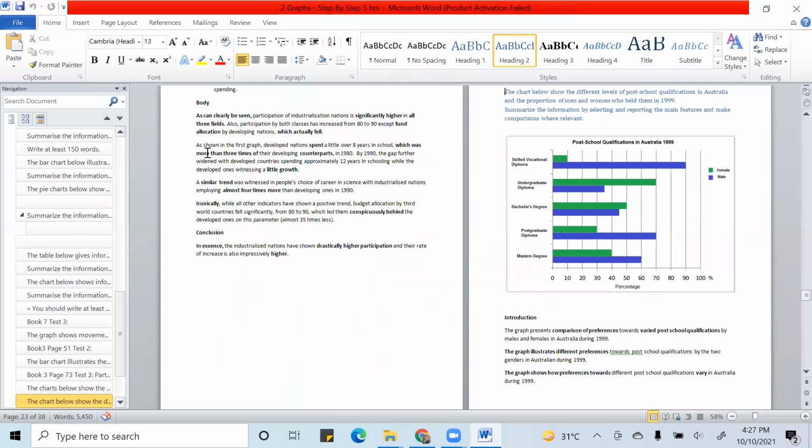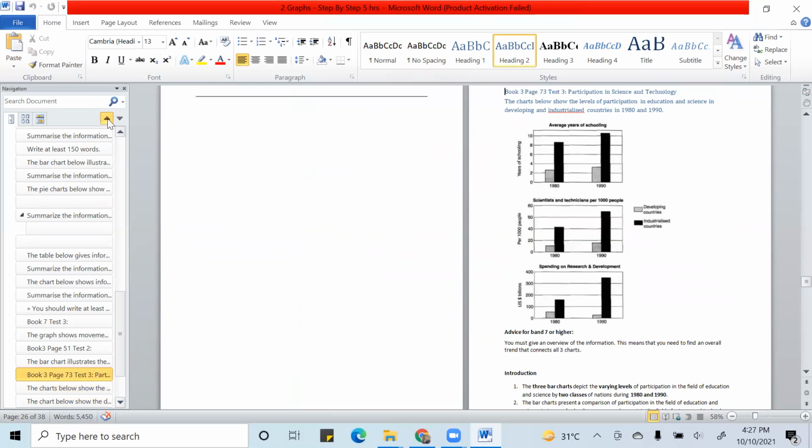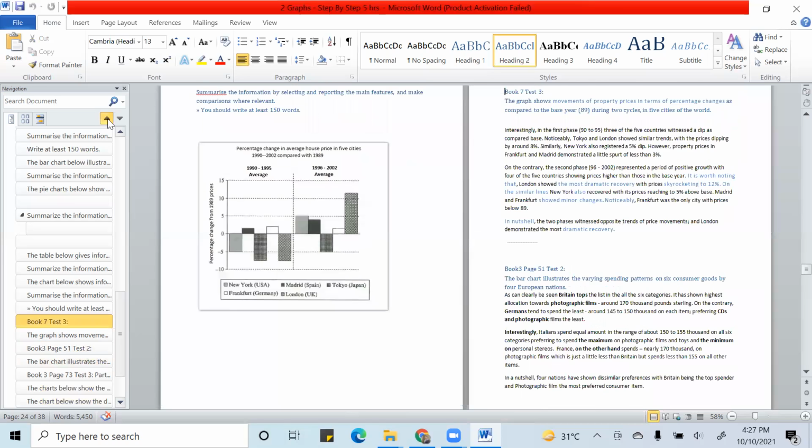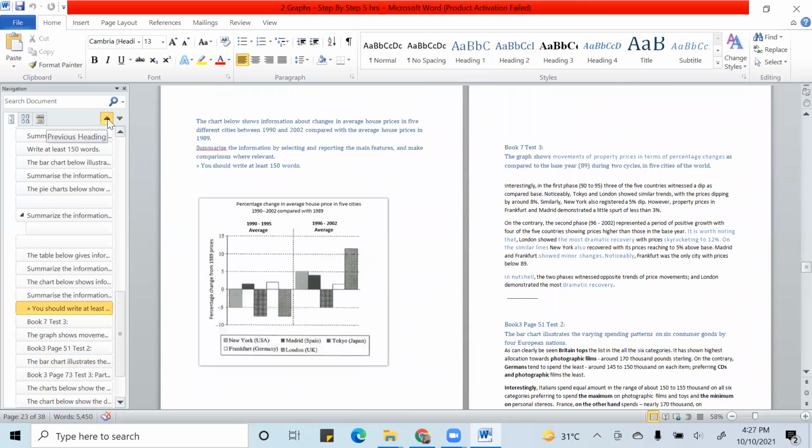So you divided it according to phases, it says. Like in the first phase. That's what my confusion was: how do I go about dividing the paragraphs?